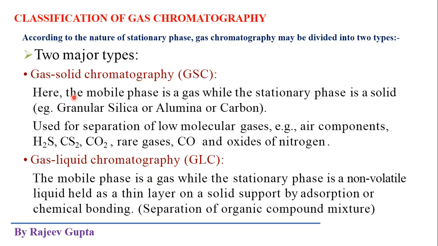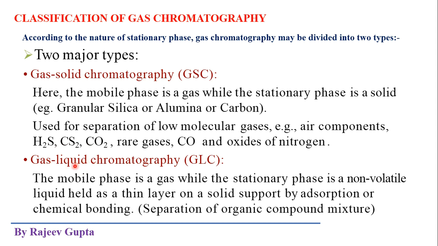The first is gas solid chromatography, GSC, and the second is gas liquid chromatography, GLC. In both, the mobile phase is gas, but the stationary phases are different. In GSC the stationary phase is solid, but in GLC it is liquid.